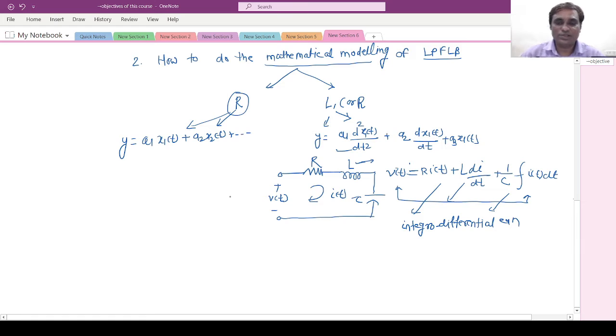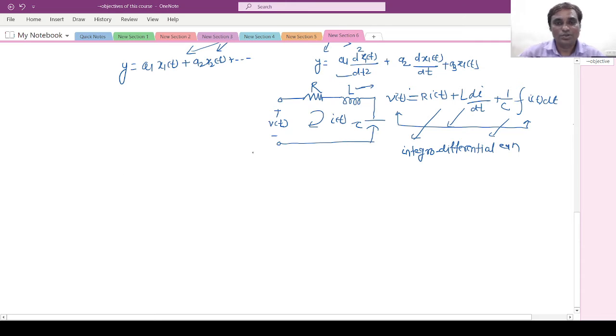Now what next? Suppose we have a model, then we have to solve the equations, or do the analysis, or find the solution, or find the response. In order to find the response, basically I have to go for two ways. One way will be time domain analysis, which involves the solution of this differential equation.